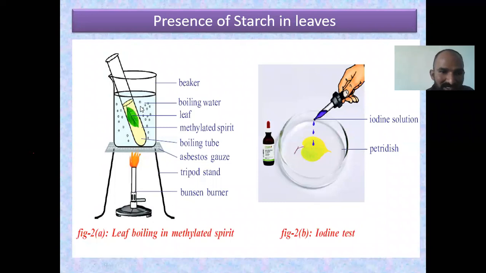Whenever you take the leaf from the boiling tube with the help of a spatula, take it very slowly without tearing the leaf, and add only a few drops of iodine solution, not an excess amount.